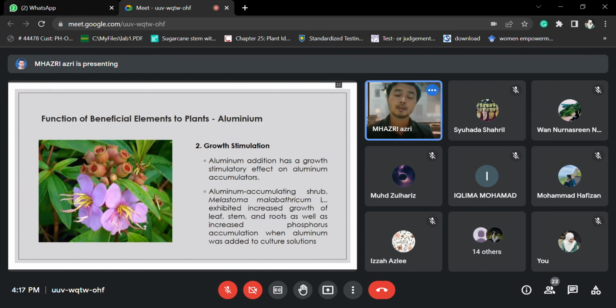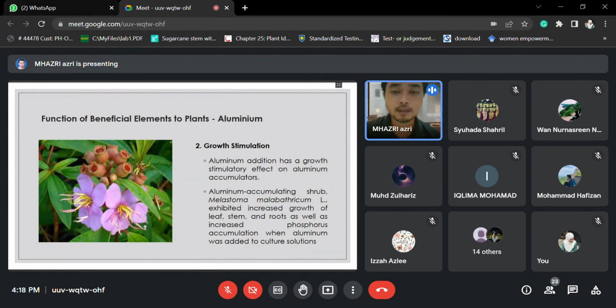Apart from that, aluminium also can increase plant growth, especially in Melastoma malabathricum ataupun pokok senduduk. Jenis-jenis pokok senduduk ni kalau kita apply aluminium, dia punya growth akan meningkat. Why?